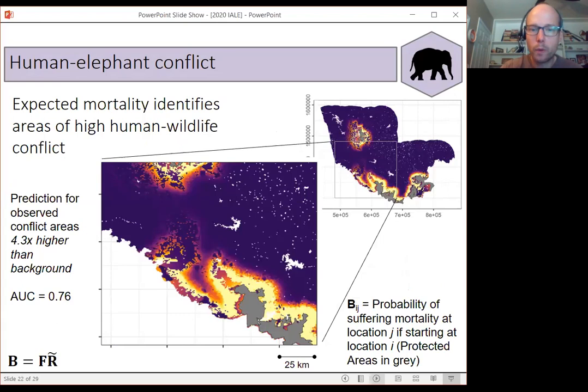And in this case, this is just showing one output that's mapping the potential human-wildlife conflict that is predicted to occur when elephants disperse out of 5 key protected areas in Southwest India. Importantly, when we validated this predicted map, the observed conflict areas in our validation data had predictions for conflict risk that were 4.3 times higher than the background or the average. And so ultimately this modeling framework was able to capture to at least some degree the observed conflict across this landscape.